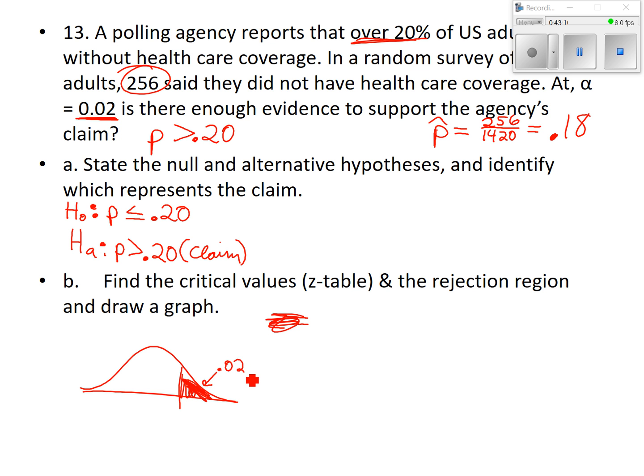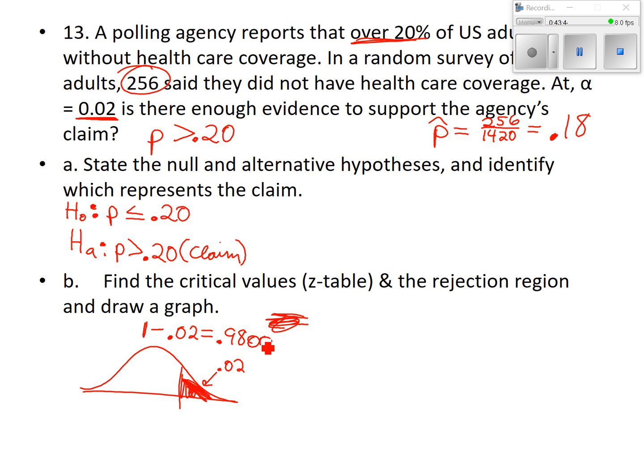Our Z table tells us the area to the left, so we do 1 minus that, which is 0.98. We look up 0.98 on the positive side of the big chart. What's closest to 0.98? 0.9798.